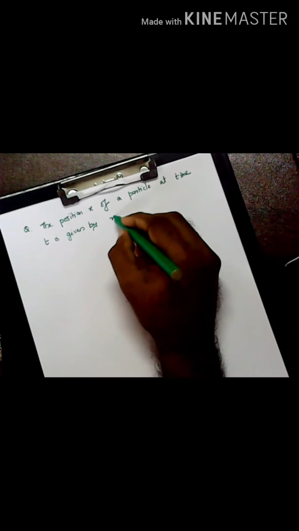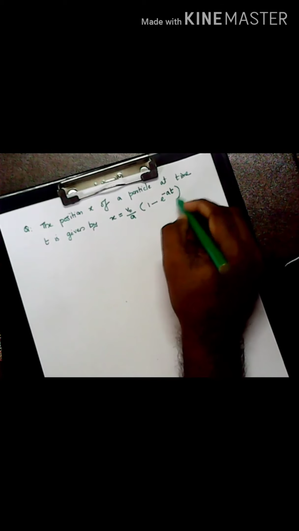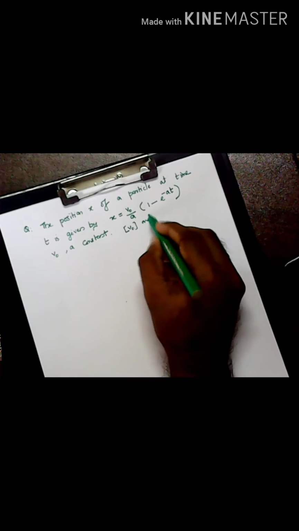See the position x of a particle at a time t is given by x is equal to v0 by a into 1 minus e raised to minus at, where v0, a are constants. Then find the dimension of v0 and a.